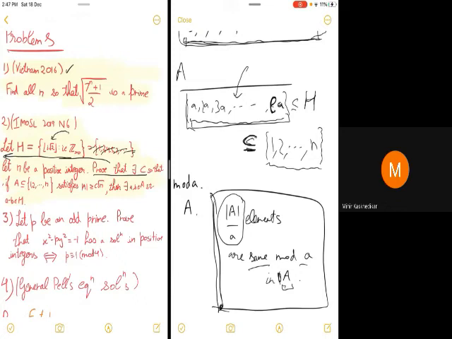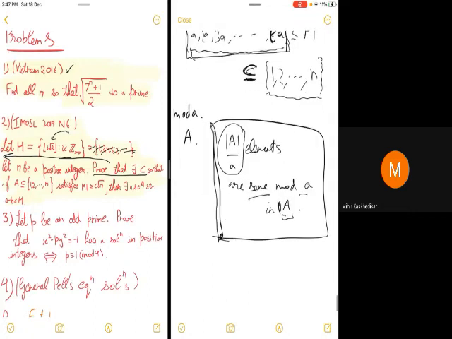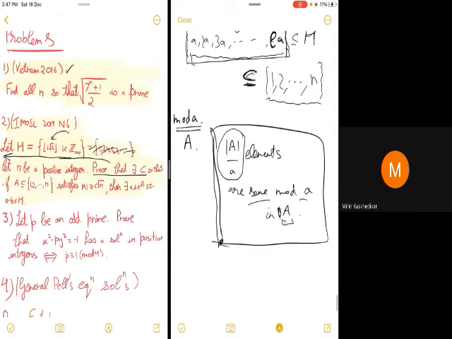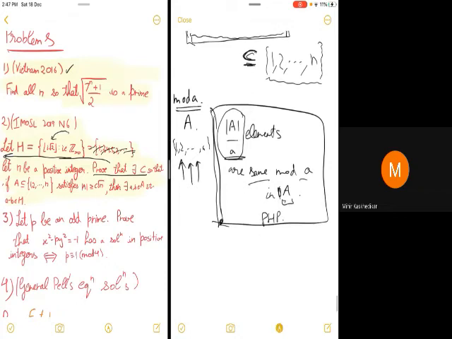But let's just consider such a nice AP: A, 2A, 3A, and so on till LA, which is both inside H and inside 1 to N. Then, taking mod A, the elements of A, among these, at least these many elements must be the same mod A by PHP.